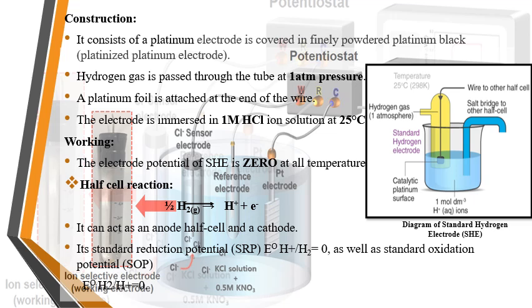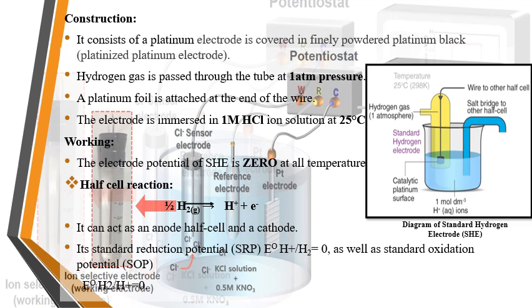The platinum surface is often coated or treated to ensure it is clean and has high surface area. It may be covered with a thin layer of platinum black, a finely divided form of platinum, to ensure its catalytic activity. There is a gas supply, as you can see in the diagram, the gas inlet.